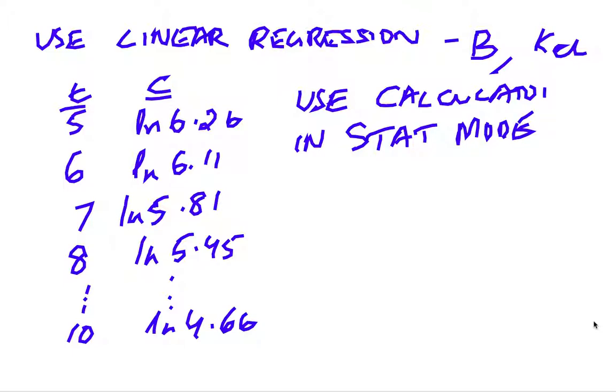So I'm already in statistics mode. I'm entering the data: x1 as 5, y1 as natural log of 6.26; x2 is 6, y2 is natural log of 6.11; x3 is 7, y3 is natural log of 5.81; x4 is 8, y4 is natural log of 5.45; x5 is 9, y5 is natural log of 5.06; and x6 is 10, y6 is natural log of 4.66.